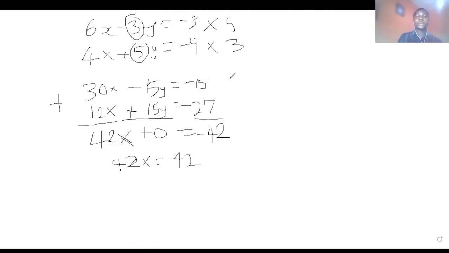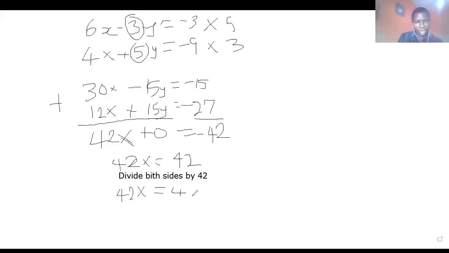So the next thing we can now do is divide both sides by 42. We divide both sides by 42. So let me pick my writing material again. So 42x is equal to minus 42.